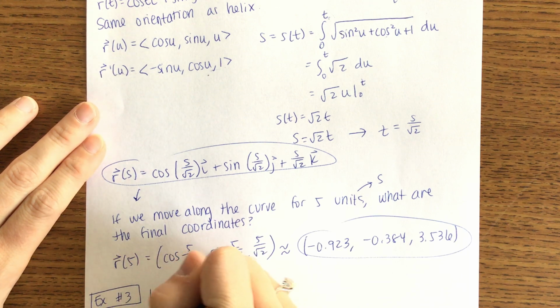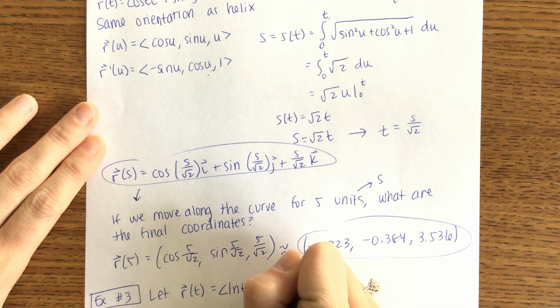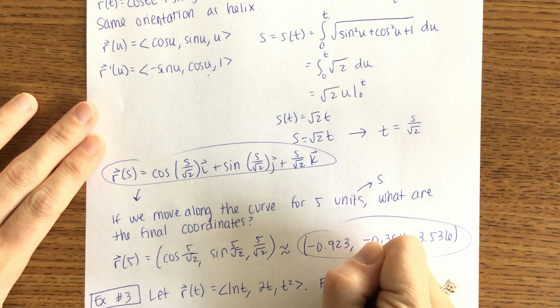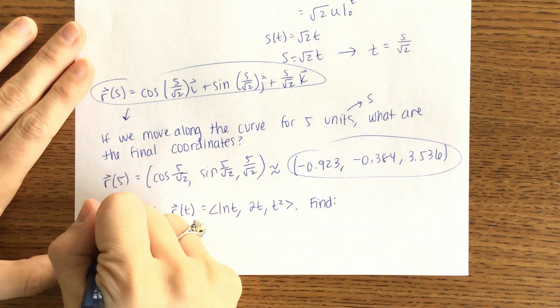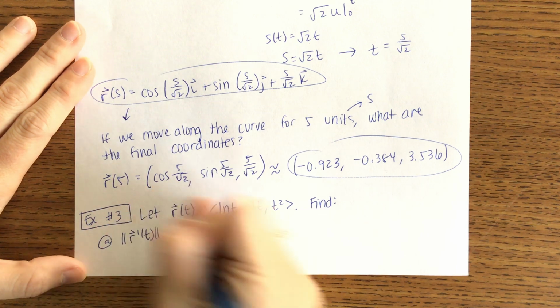We are going to let r of t be equal to natural log of t, comma 2t, comma t squared. We are going to find a few things. First thing that we are going to find is the norm of r prime of t.